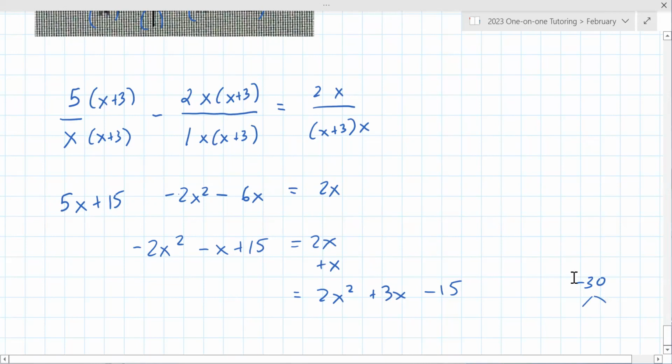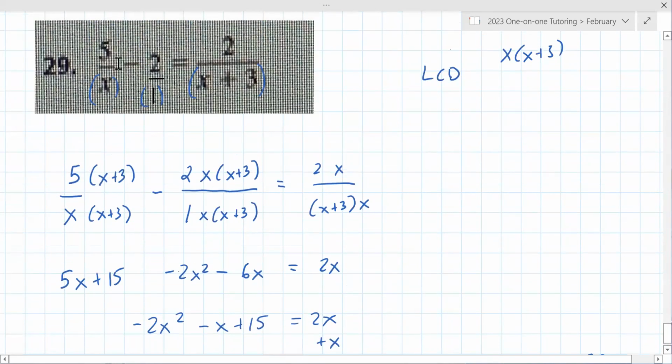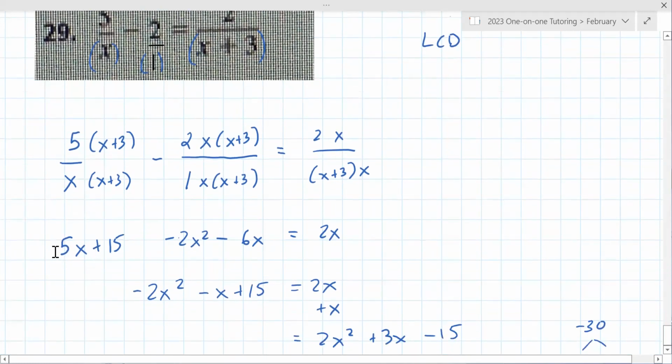I'm also bothered here that this does not work as is. Let me check here. Maybe I missed something. X plus 3, x plus 3, 2x, x plus 3, 2x. Okay. Minus 2x squared, minus 6x. That's a minus x. 3 and 5.